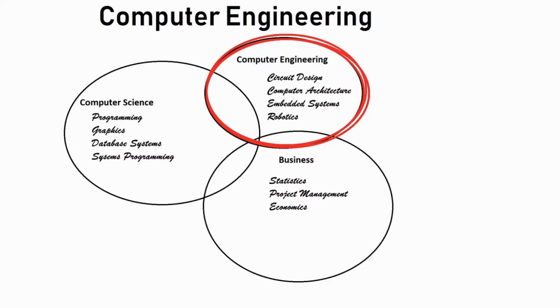And people who go into computer engineering, they are really electrical engineers with an emphasis on computer systems. So they're going to learn some programming, they're going to learn network systems, they're going to learn a little bit of the stuff from IT and computer science. So they might not have to take classes on discrete mathematics.